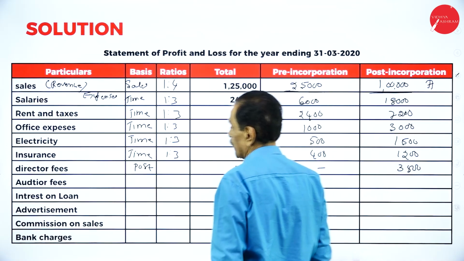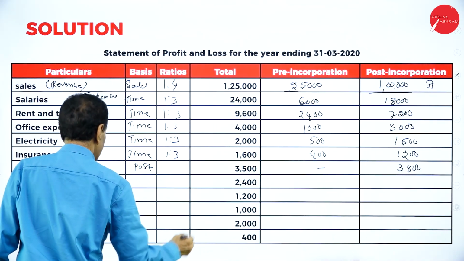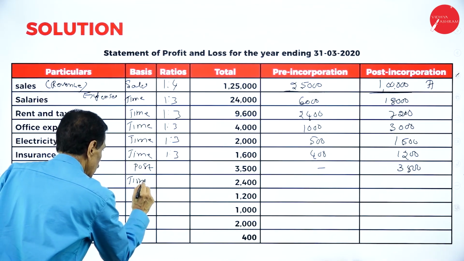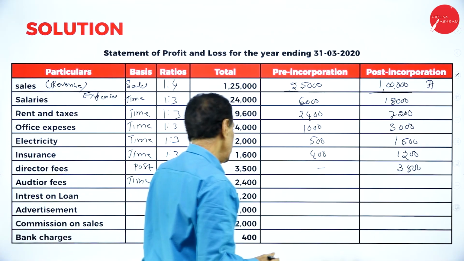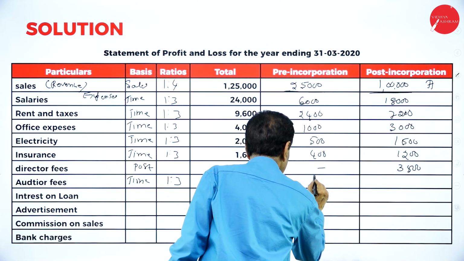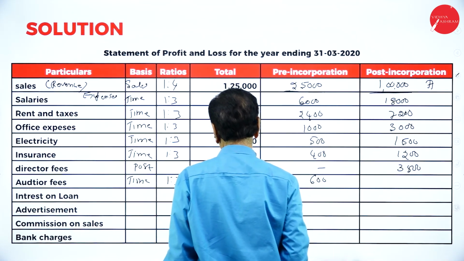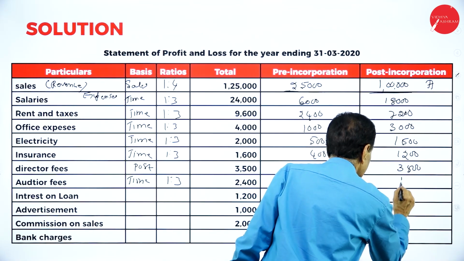Directly connected, no base. Auditor fees, time ratio 1:3. 2,400, 600, 1,800.